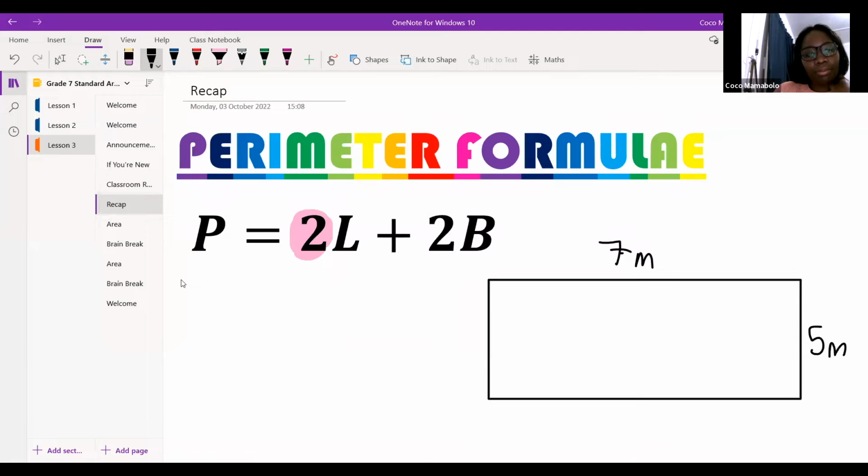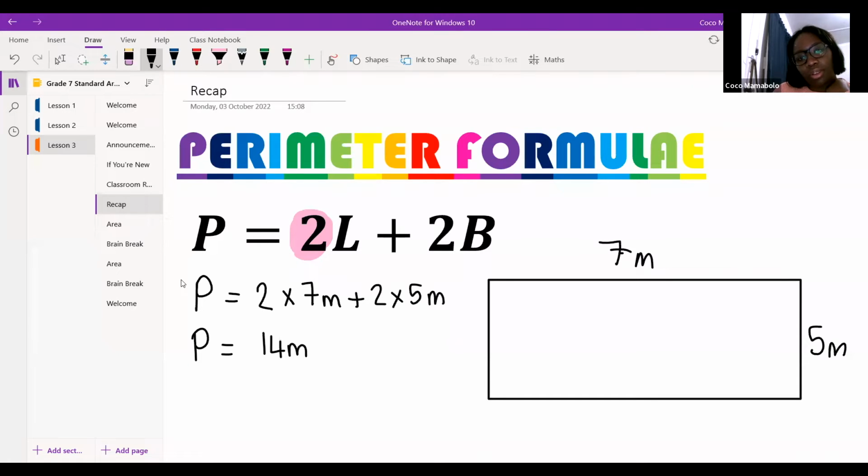First you start off by saying P equals 2 times 7 plus 2 times 5. Good. What's my next line? P equals 2 times 7 is 14, plus 2 times 5 is 10.